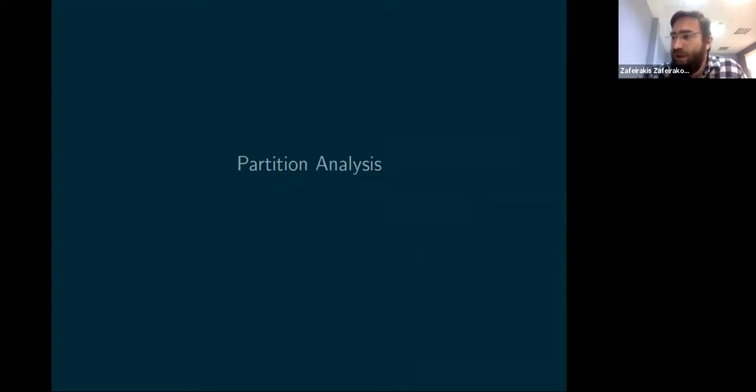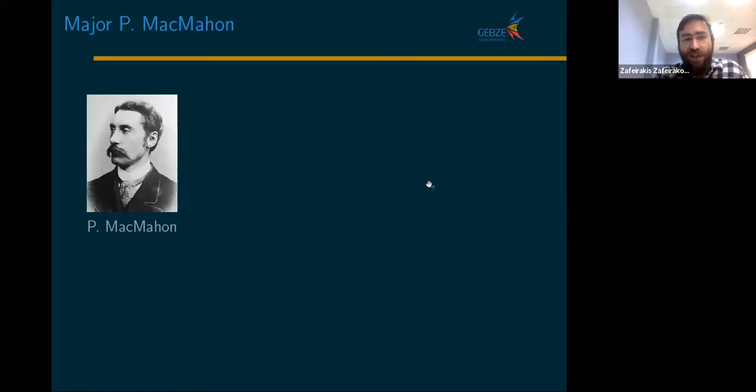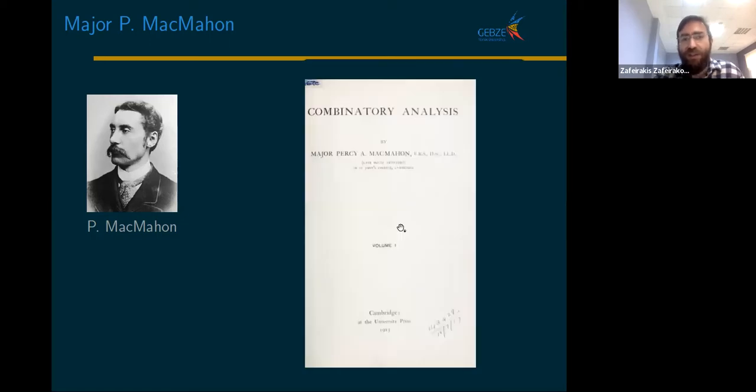Now, I will go through partition analysis really fast, because we will use a very crucial idea from there. Partition analysis was introduced by MacMahon at the beginning of the 20th century, and for example, it's exposed in Combinatory Analysis from 1915.